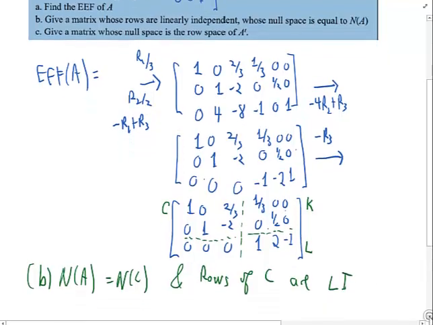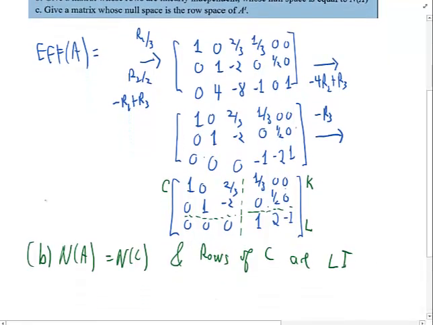So the answer to part B is the matrix C, which is simply 1, 0, 2/3, and 0, 1, minus 2. Okay, so that's the answer to part C.